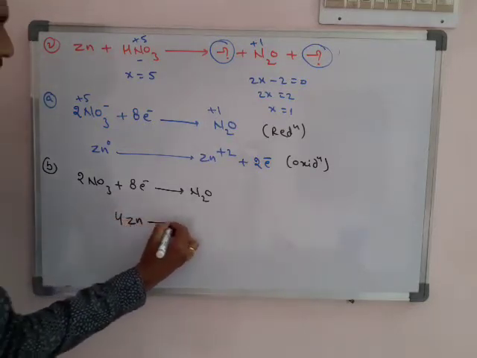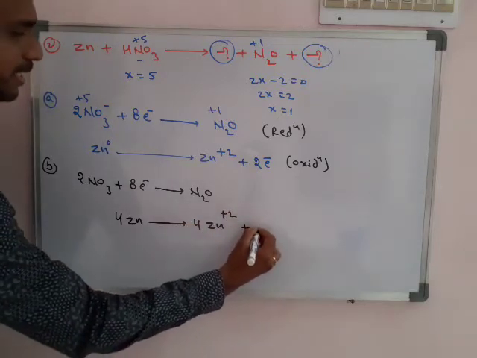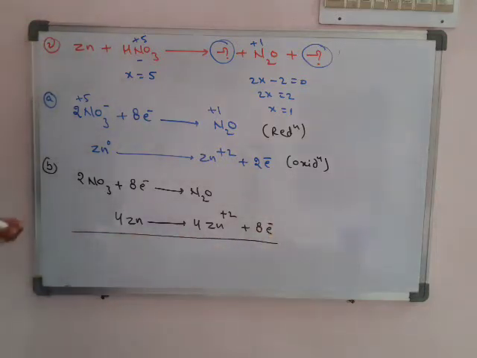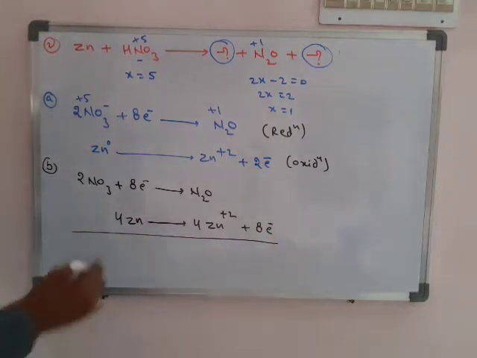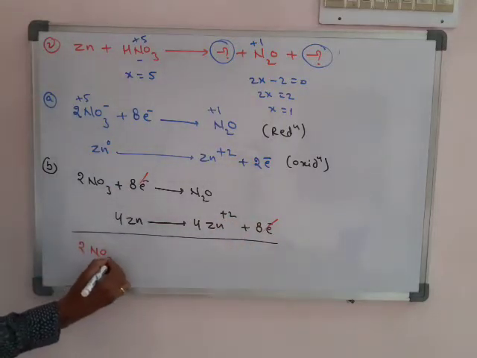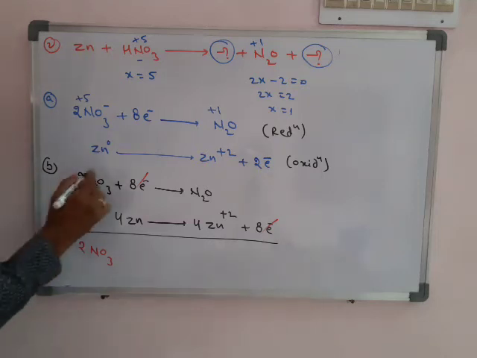Four zinc gives 4 Zn plus 2 plus 8 electrons. So the 8 electrons get cancelled. 2NO3 minus. So minus.